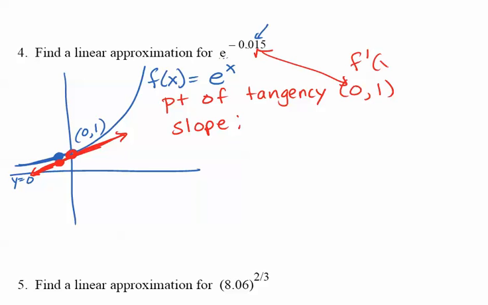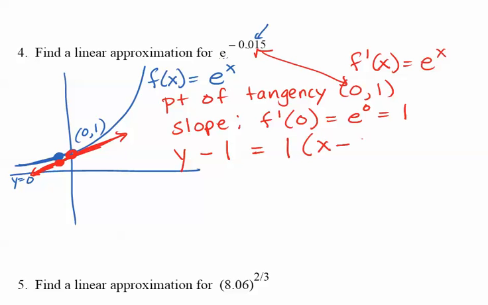So f prime of e to the x is still e to the x. So f prime of 0 is e to the 0, which of course is 1. So that red tangent line has a nice easy equation. y minus 1 is equal to the slope 1 times x minus 0. And now what we want to do is substitute in our desired point.